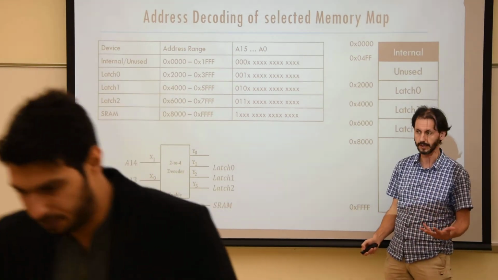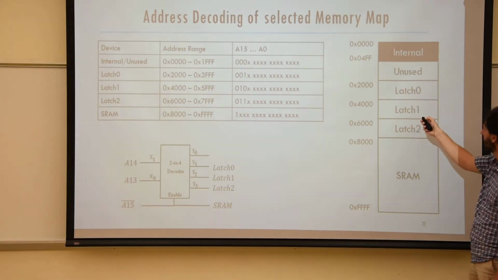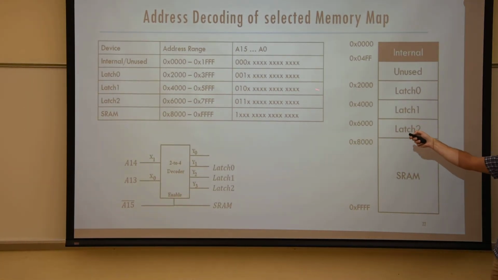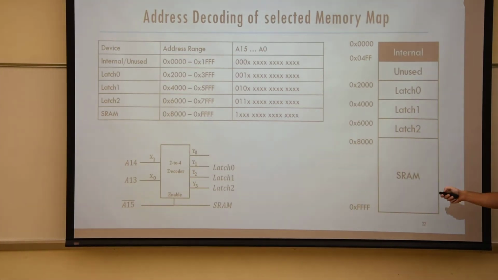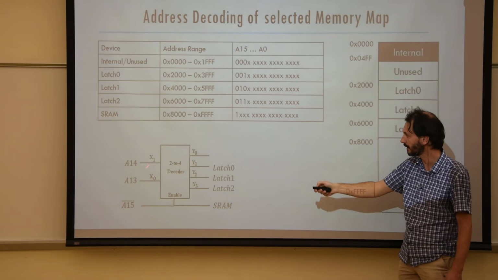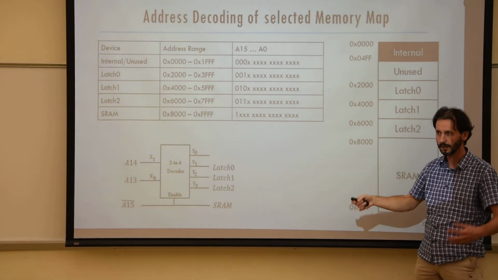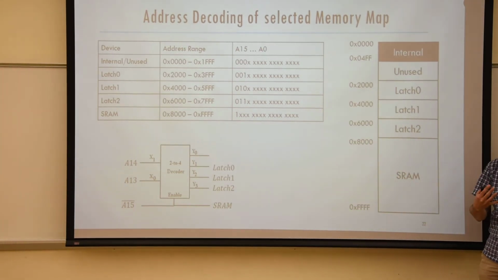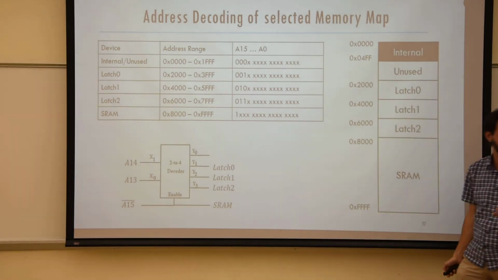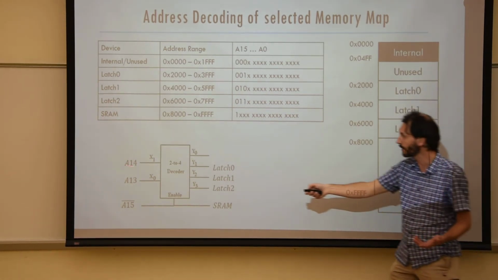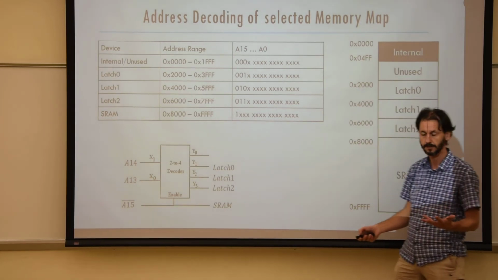If I did not do that, and I said only a very specific 16-bit pattern corresponds to my latch 0, then I would have to create a decoder that takes 16 bits in and figures out which is which, and then I would be able to figure out which latch I'm communicating with. But now I only have to look at 3 bits, and that's it.